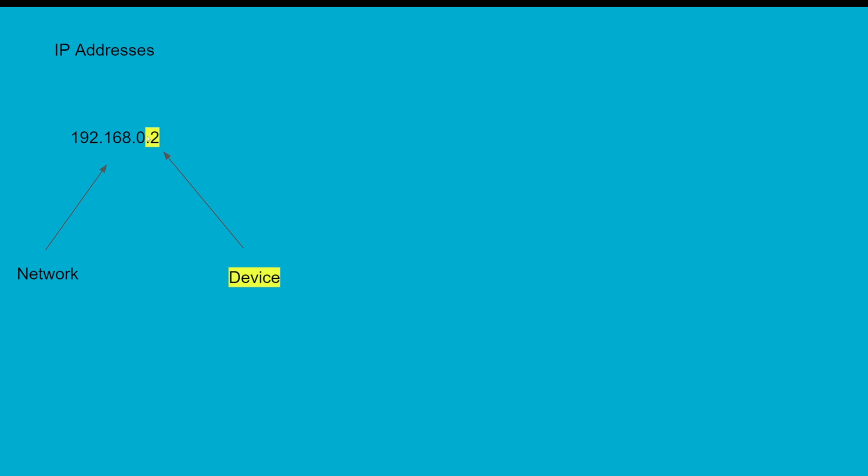Since we have a Class C address with the subnet mask 255.255.255.0, all three of these octets are frozen and used for the network portion only.